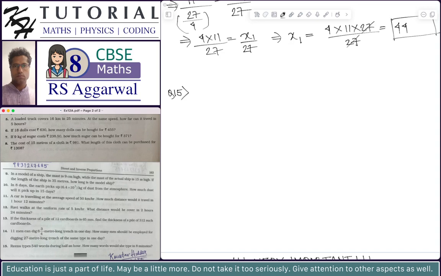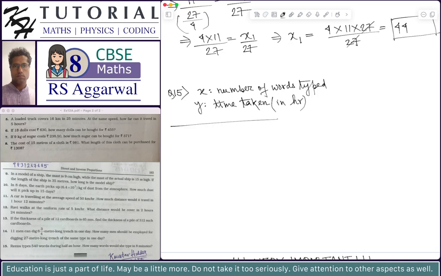Okay, so let's say the quantities are: x is the number of words typed, and y is the time taken in hours.